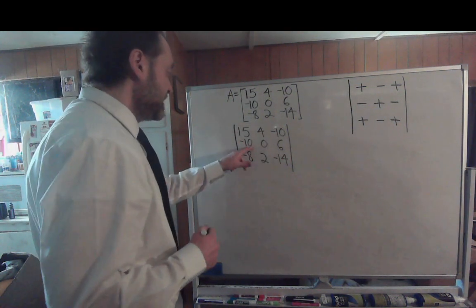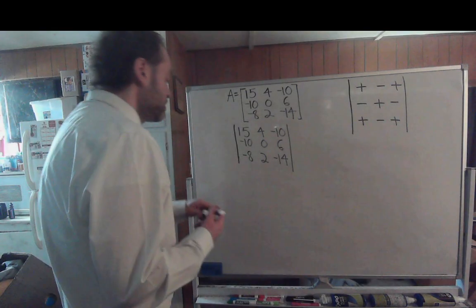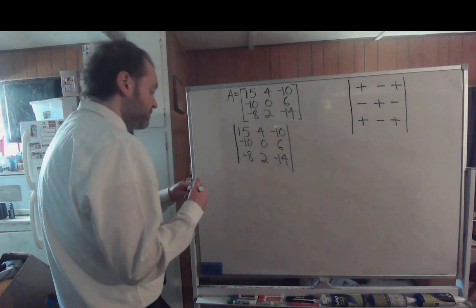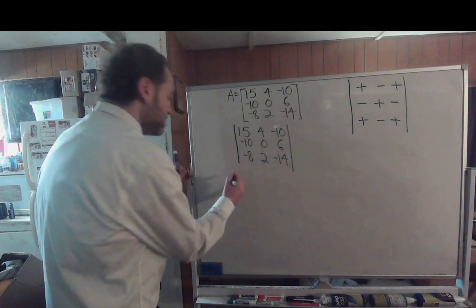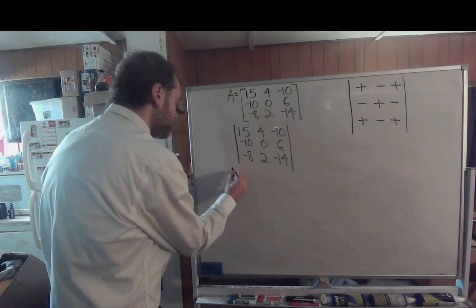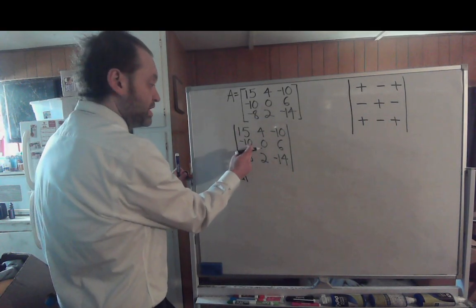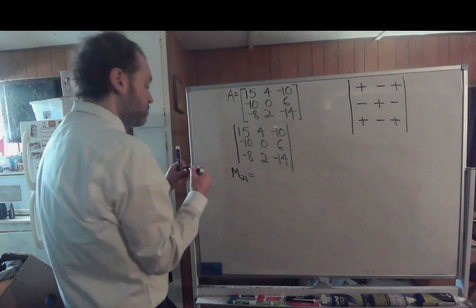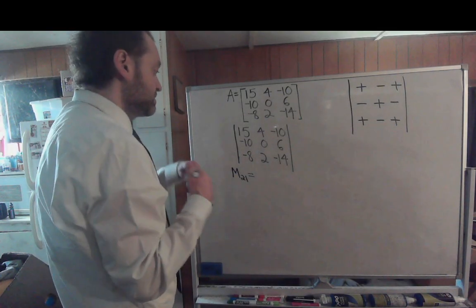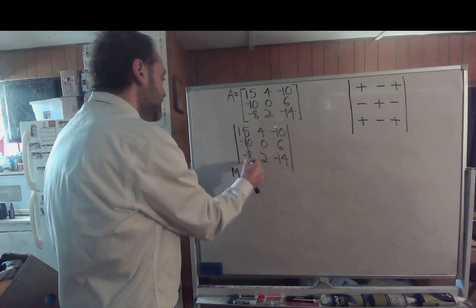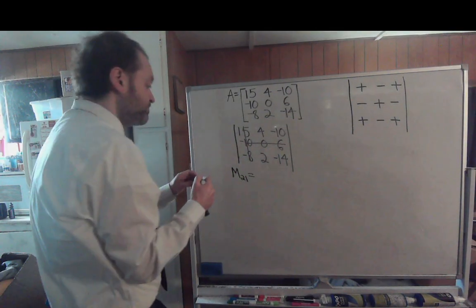So where that negative 10 is, first, let's find minor 2, 1, which means we're in the second row in the first column. So where that negative 10 is, strike out the column and the row it occurs in.